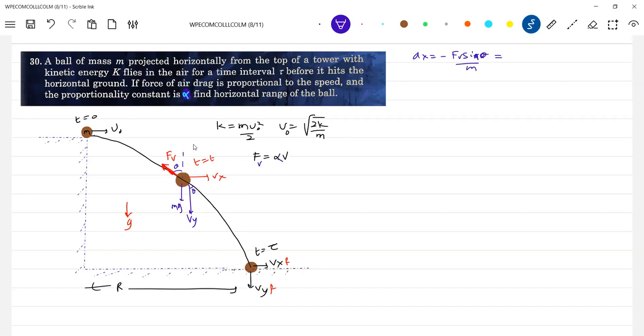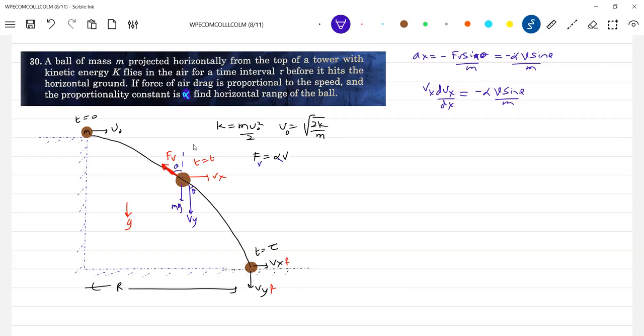So the viscous drag is alpha v, so it becomes alpha v sine theta by m. This ax I'll write as v dvx by dx equal to minus alpha v sine theta by m. What is vx?